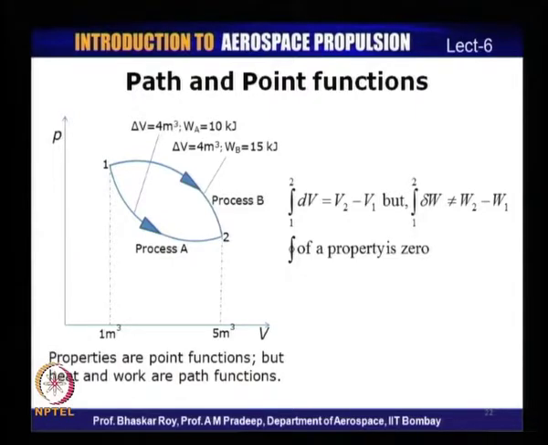And the other aspect of a property is that if you have a cyclic integral of a property, it obviously will be equal to 0. Therefore, all properties of a system like volume, temperature, pressure, etc., are point functions, whereas heat and work are path functions.